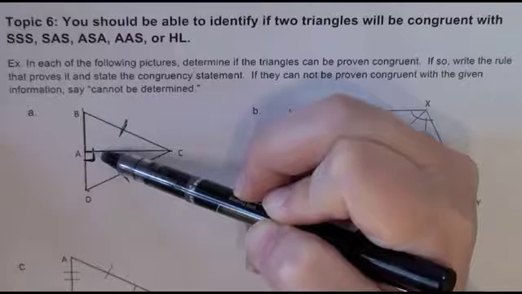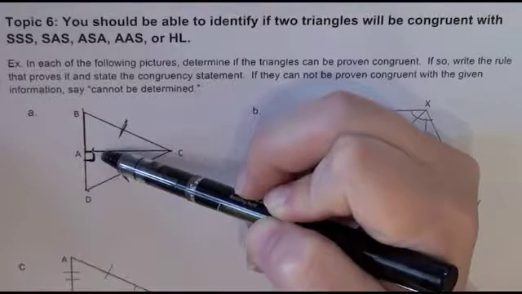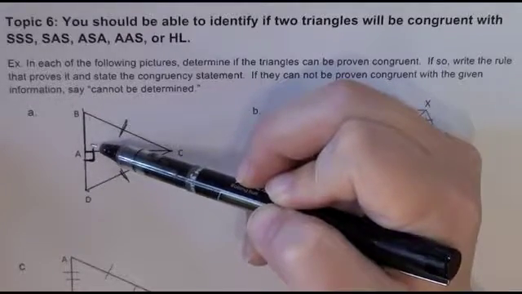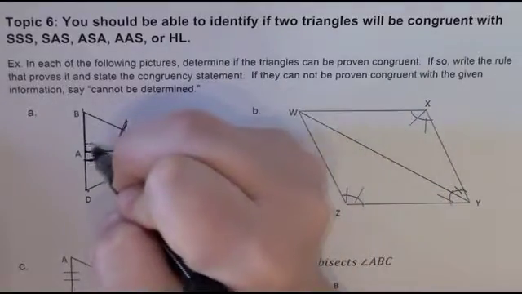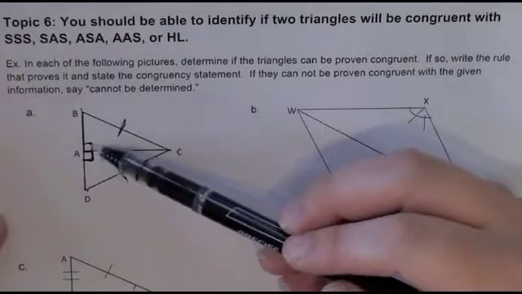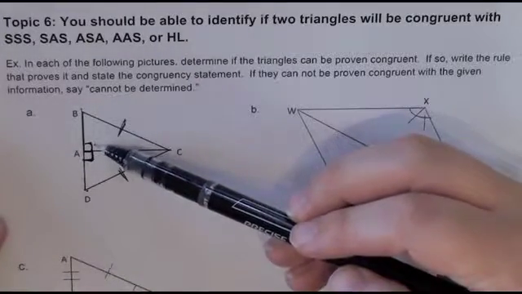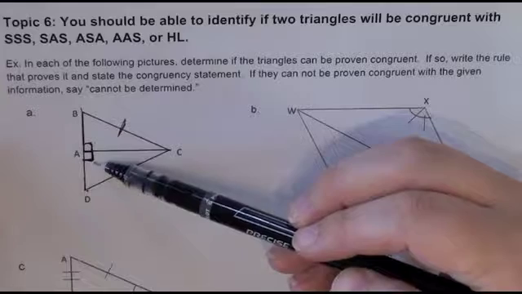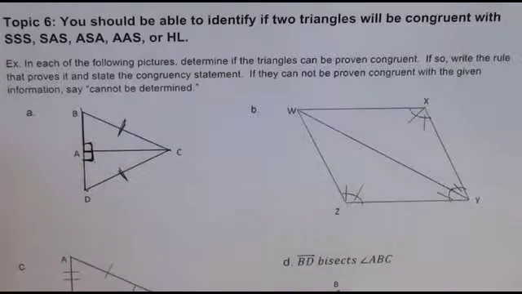This angle here is 90 degrees, which means the other angle above it also must be 90 degrees. So we actually have some congruent angles. We did have to determine that this one would be 90 degrees, but because this one's 90, 90 plus 90 is 180.